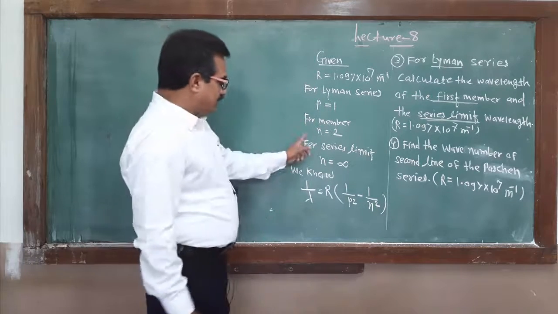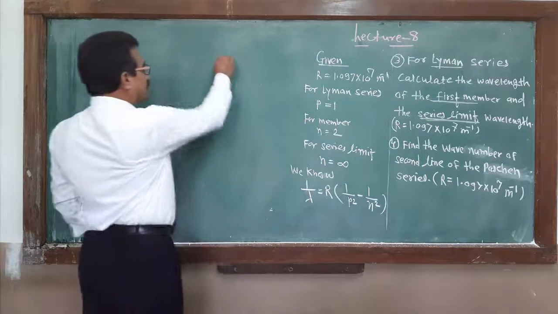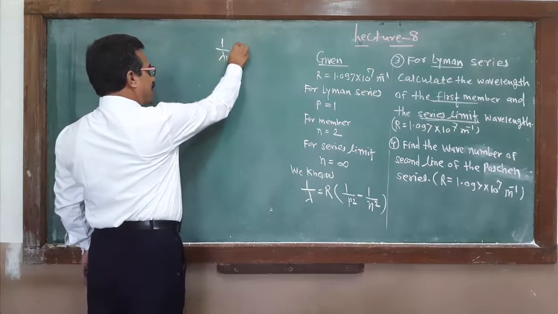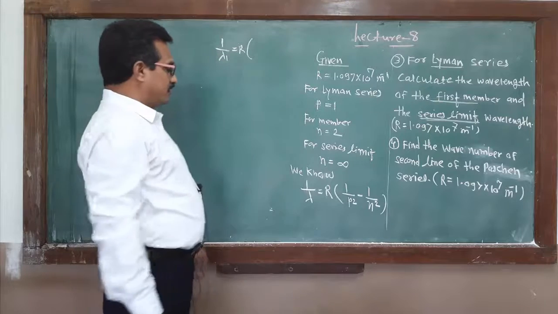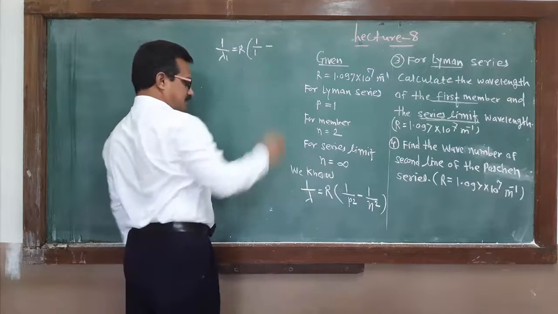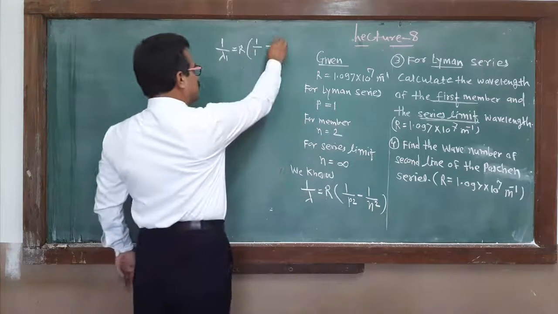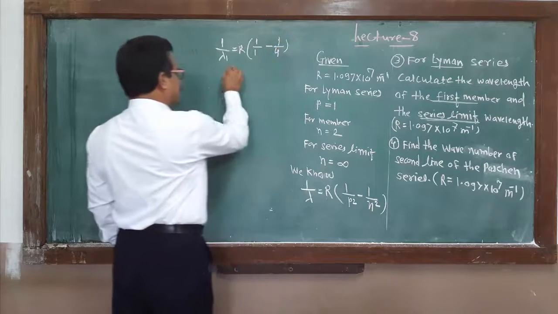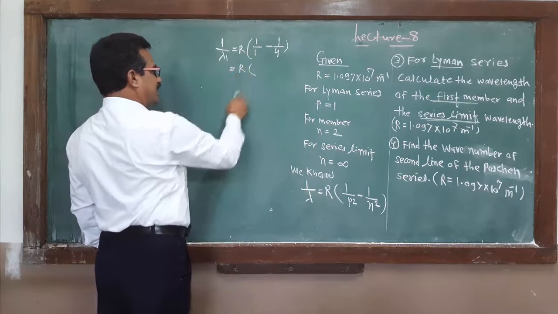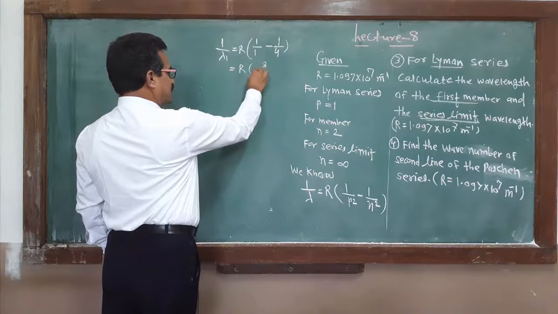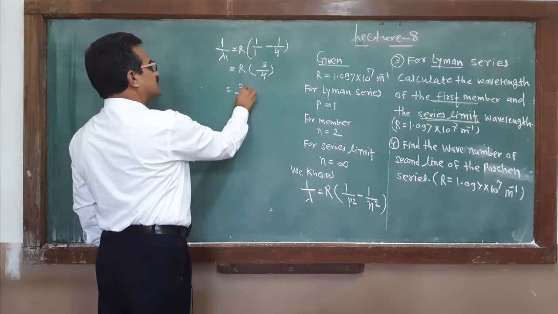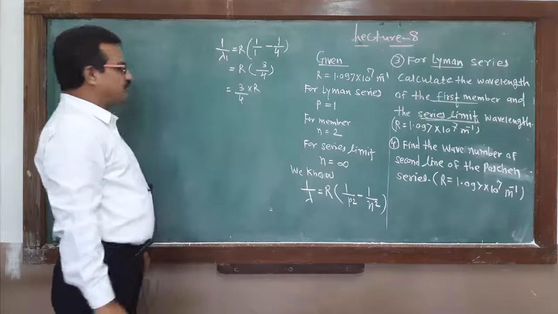First, finding the wavelength of the first member. 1 upon lambda 1 is equal to R in bracket 1 upon 1 minus 1 divided by 4, since p is equal to 1 and n is equal to 2. That is equal to R in bracket 4 minus 1, 3 upon 4, which is 3R divided by 4.